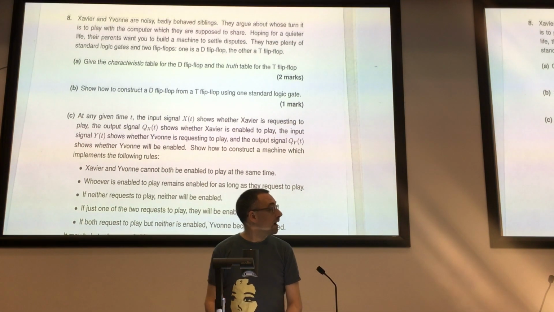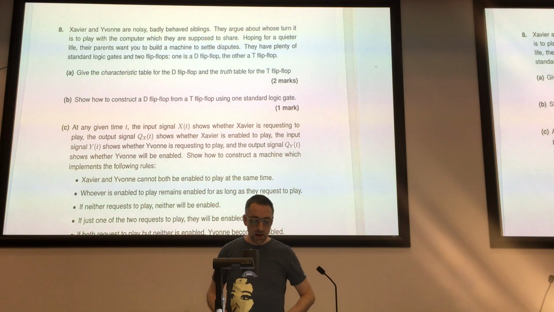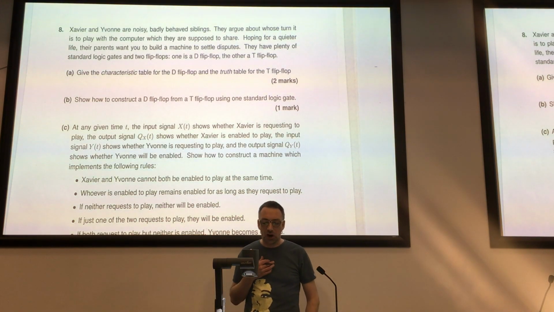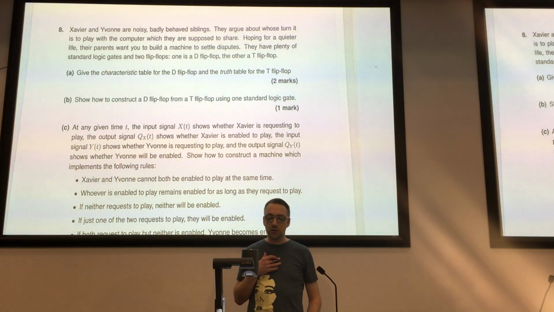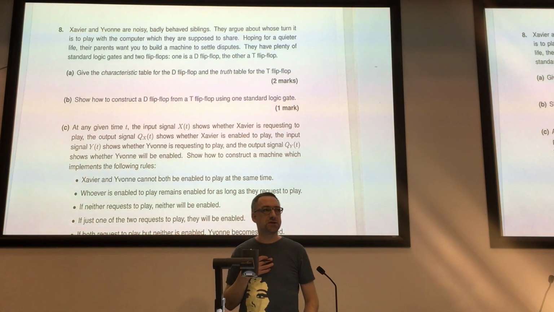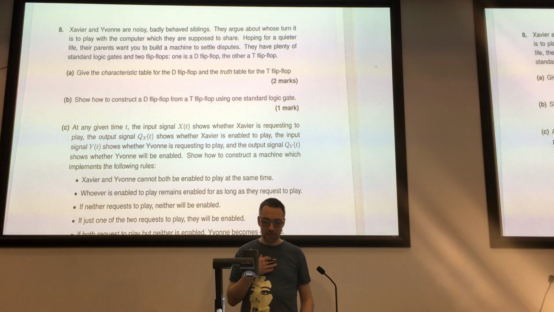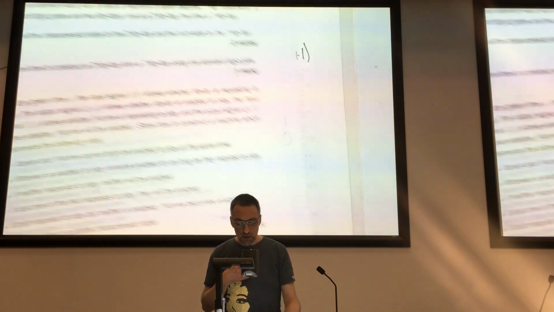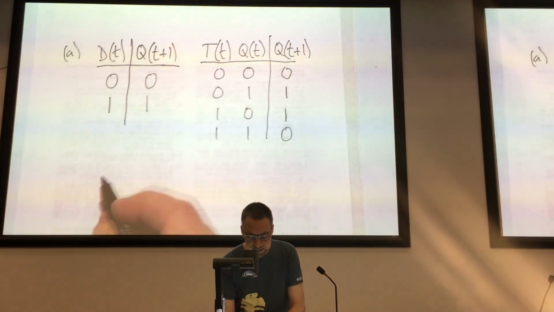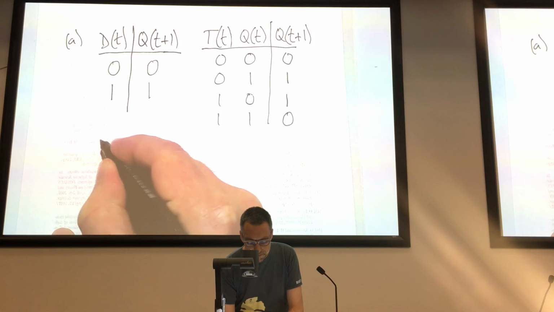So the next thing we're asked to do is to show how to construct a D flip-flop from a T flip-flop using one standard logic gate. So we need to build D from T. Okay. So in order to figure that out, it's actually a good idea to draw a truth table.